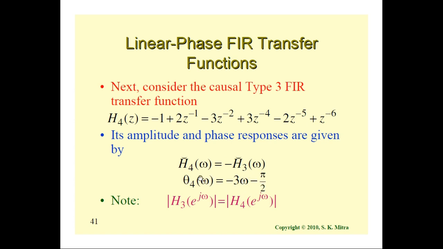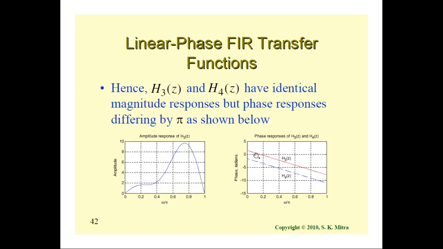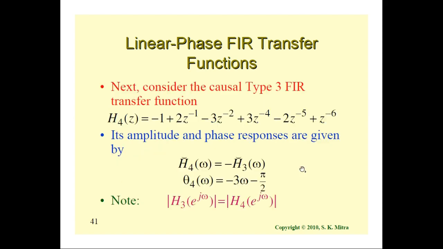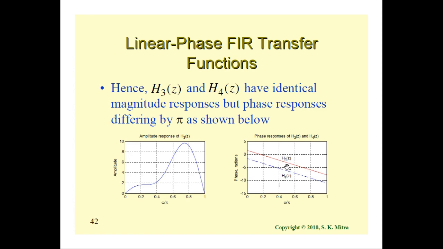So the phase function theta 4 of omega for H4 of e power j omega is given by minus 3 omega minus pi by 2. However, the related magnitude responses of both the filters, which are equivalent to taking the absolute value of H4 and H3, are similar. So they exhibit a phase difference of pi in their representation.